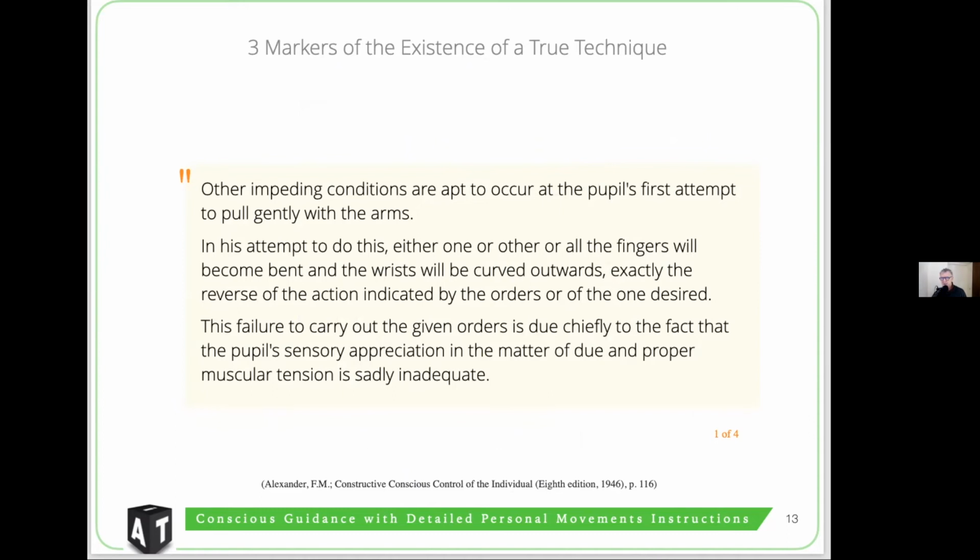It cannot be. So we have seen the first point, the first marker, that is pull gently with the arms. I would recommend people to put a question mark about the gently. You know, it depends on your experience. For some people, this is not going to apply.